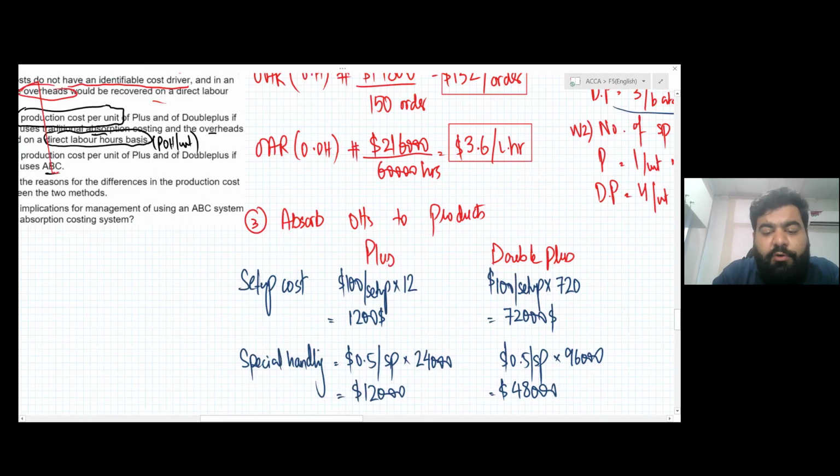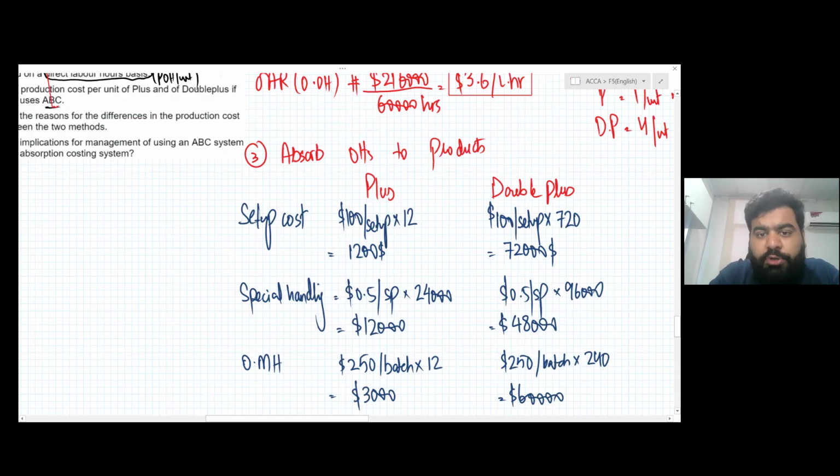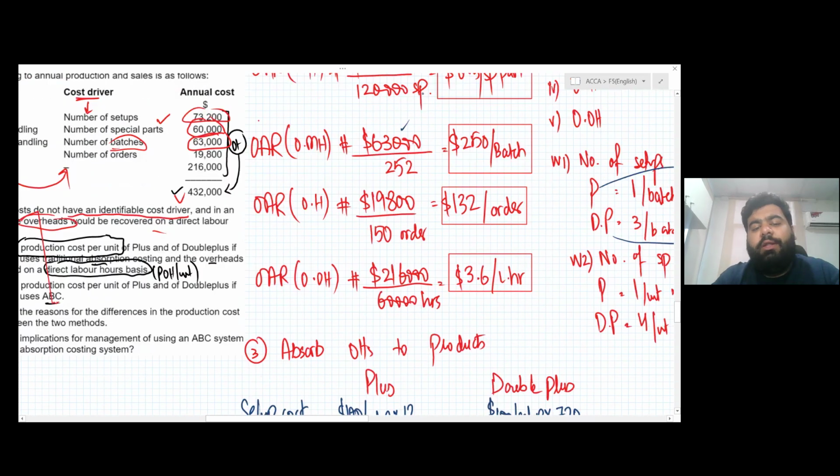So 250 into 12 is $3,000 here, and 240 into 250 is 60,000. If you add 60 plus 3, it is 63,000, and other material cost is 63,000.